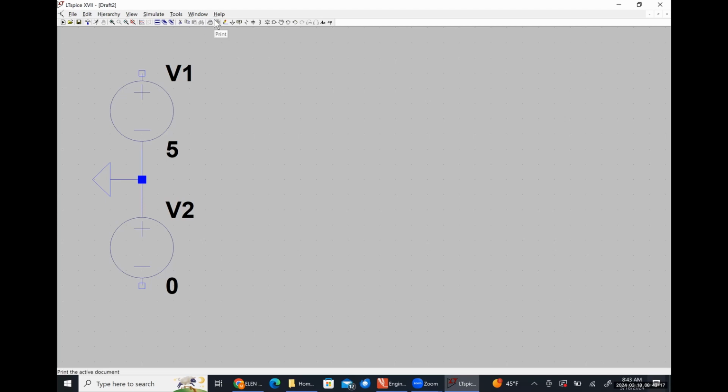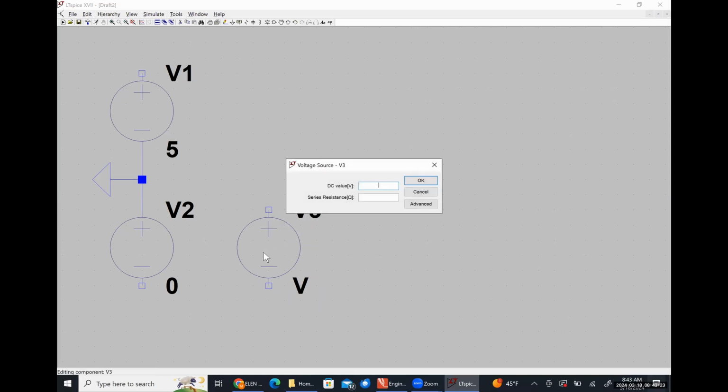I'm going to add another voltage source. This is going to be my input voltage, and I want it to range from 0 to 5 volts. So anybody have any ideas on how I might do that? So because it's changing, it's obviously not just a simple DC voltage source, right?